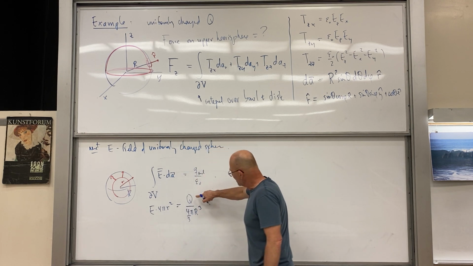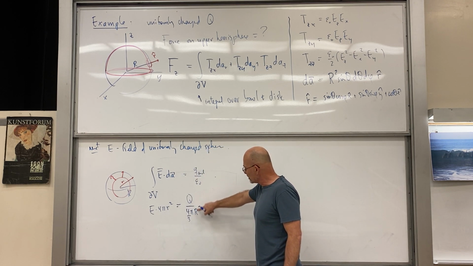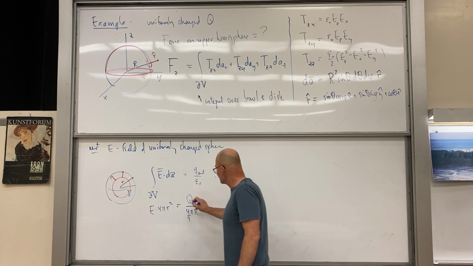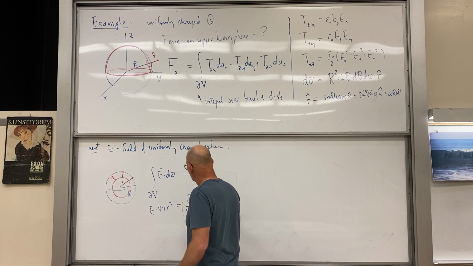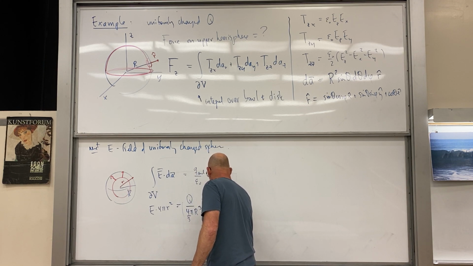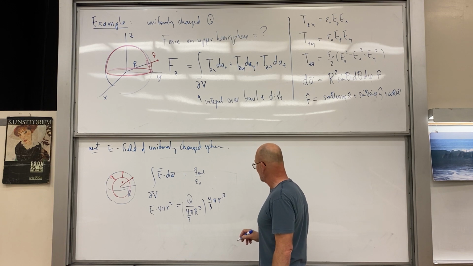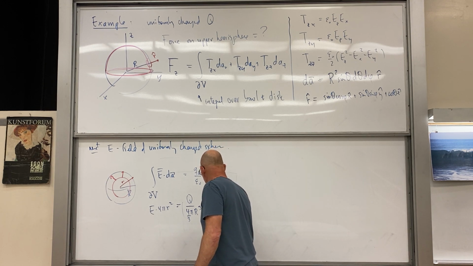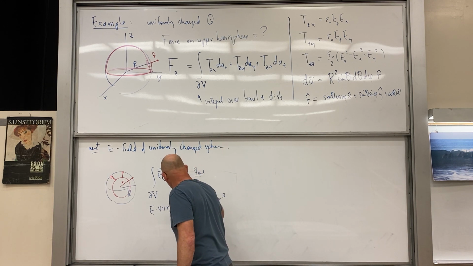Okay, that would be the charge density, total charge divided by the total volume, times the volume of this inner sphere here, which is 4/3 pi lowercase r cubed. And of course we've got 1 over epsilon naught, which I'll put here somewhere.